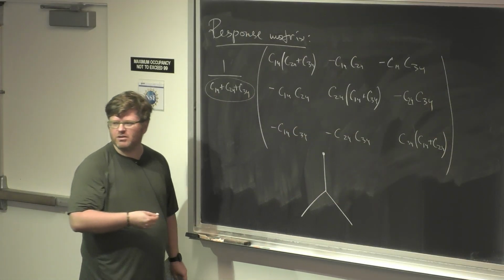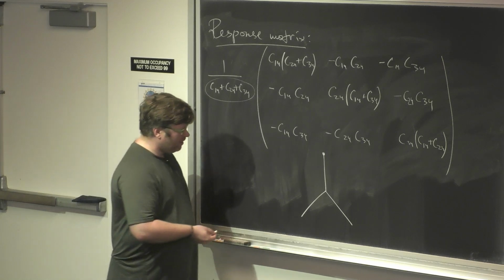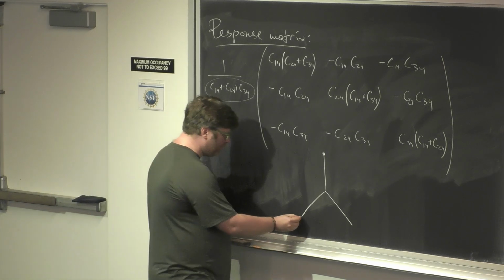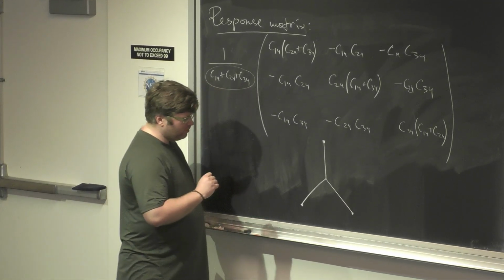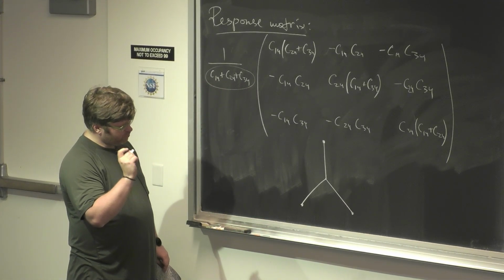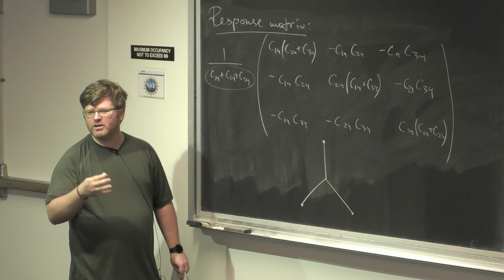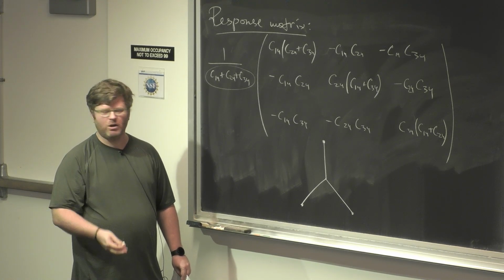I was told somebody cannot see over here, so I will draw it here. A forest is an acyclic graph. It will have some connected components, and we want a one-to-one matching, basically. So each connected component should have exactly one of the boundary vertices.